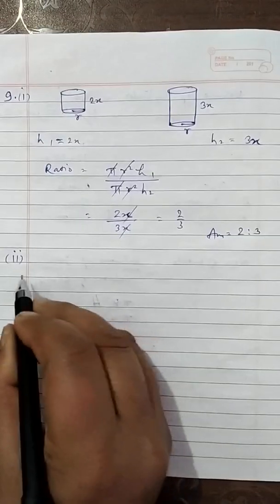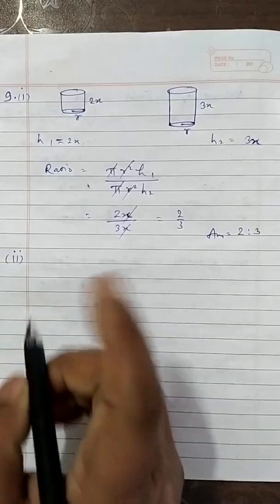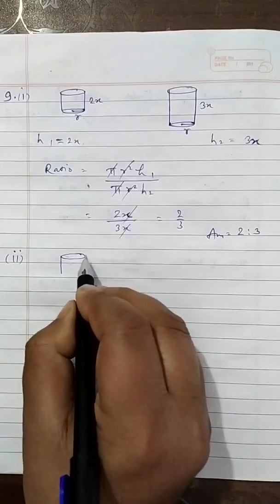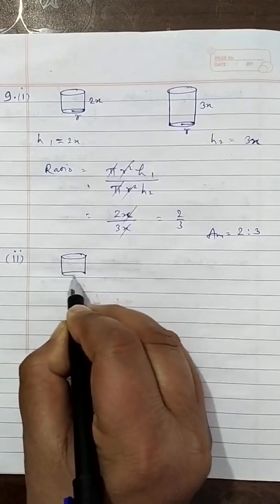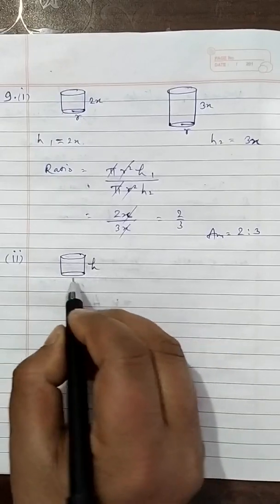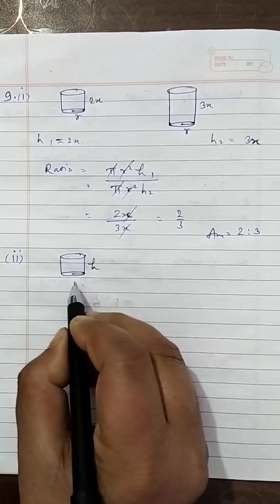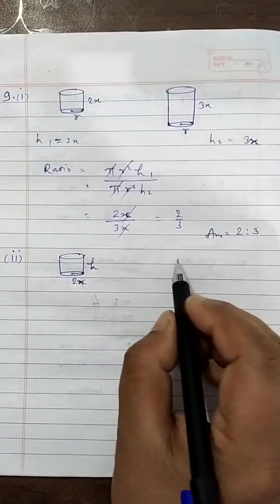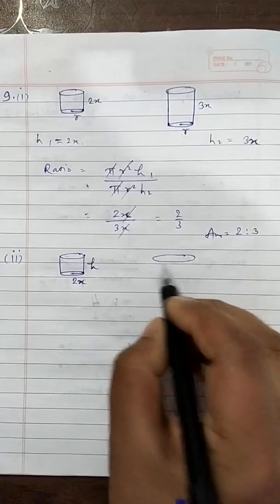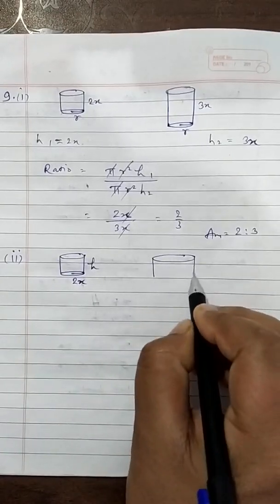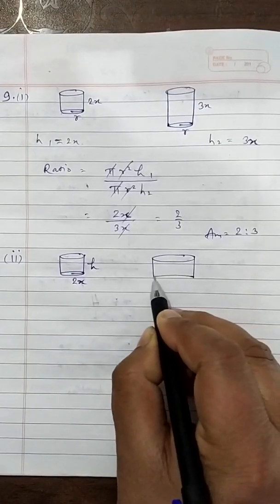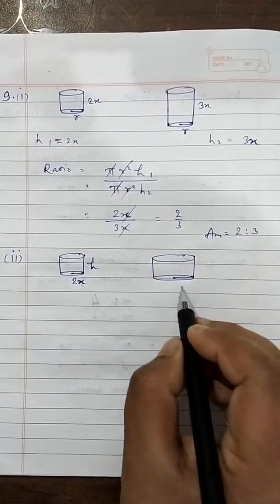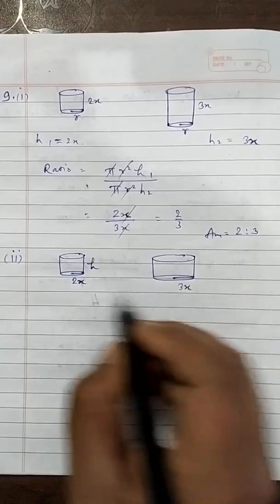In the second part of question number 9, we have two cylinders. Its height is h. Its radius is 2x, and the second one has the same height, but its radius is a little larger, that is 3x.